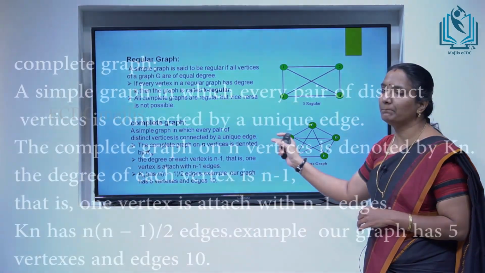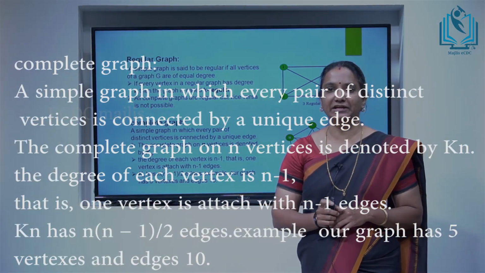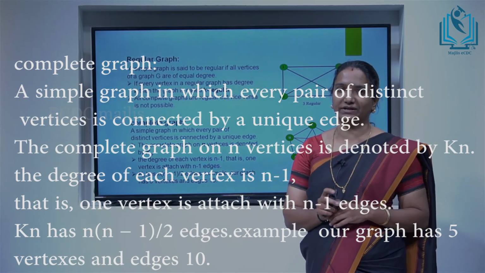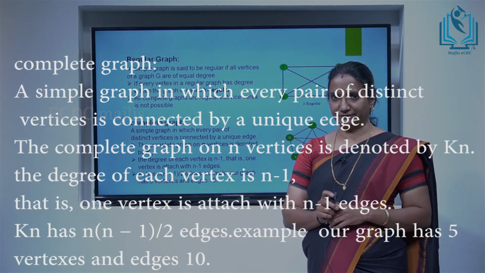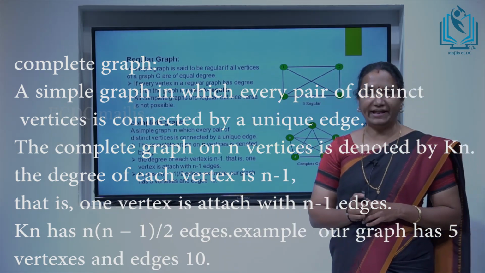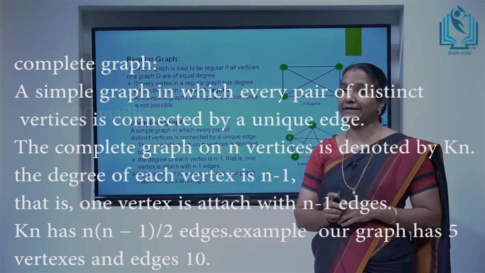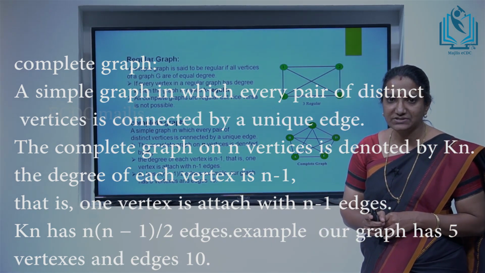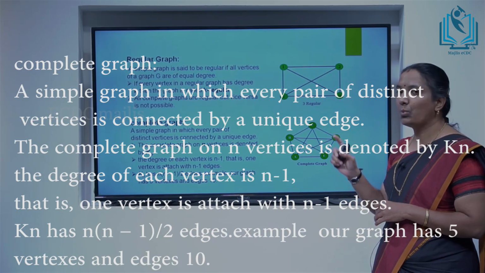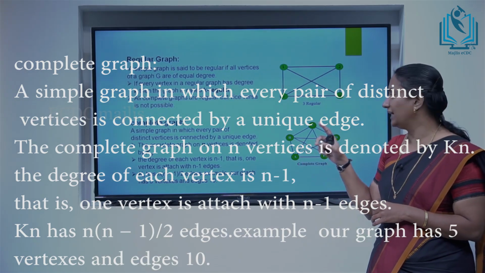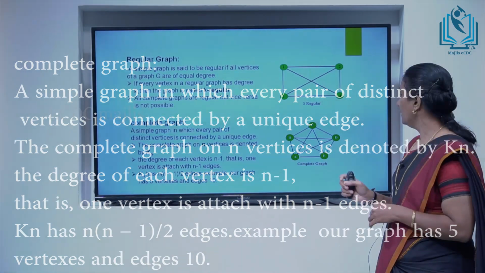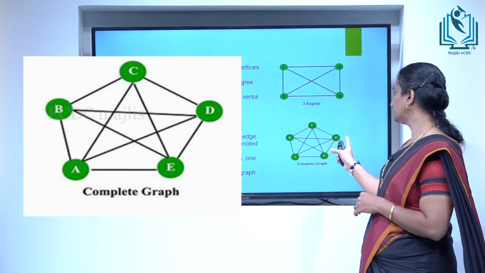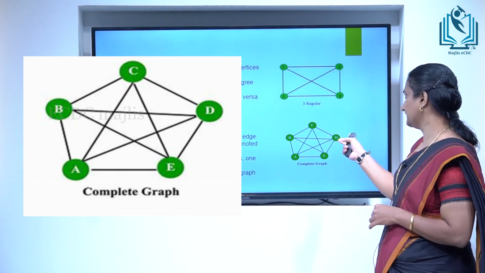Next, complete graph. A graph in which each vertex is connected with every other vertex is called a complete graph. The complete graph on n vertices is denoted by K of n. The degree of each vertex is n minus 1. That is, one vertex is attached with n minus 1 edges. For example, in our graph there are 5 vertices.